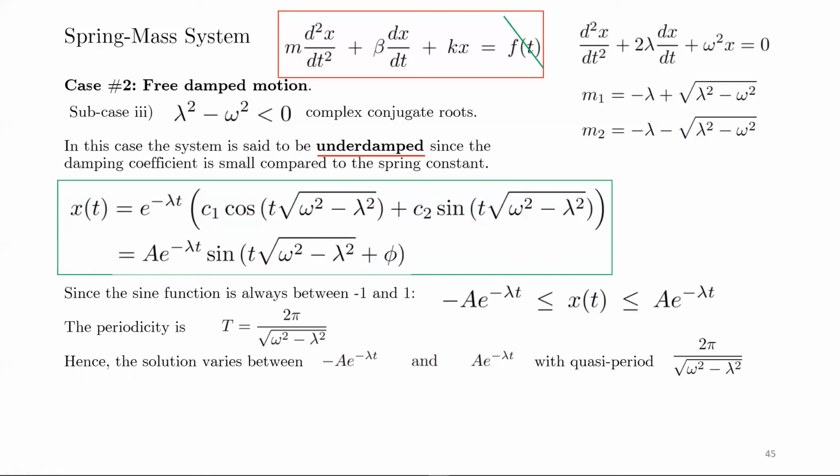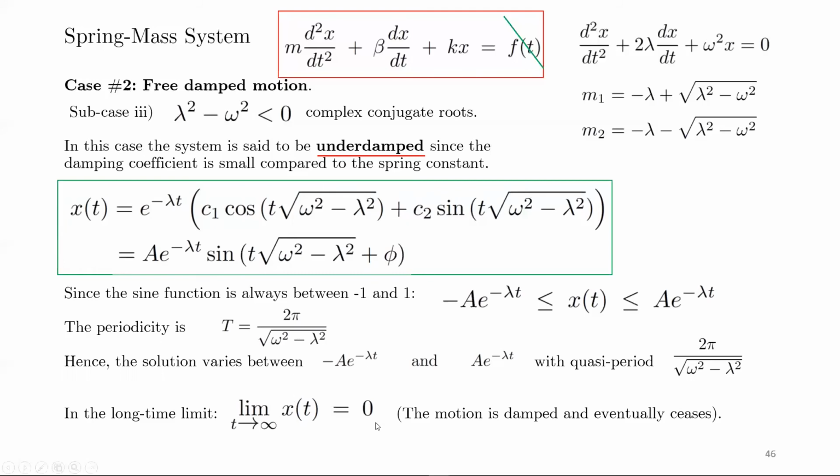If you look in the long time limit, well, the limit of this motion is going to be going to 0 because the sine just oscillates between positive and -1. The exponential, as t goes to infinity, goes to 0, of course. So the motion is damped and eventually ceases here. And in this case, in fact, we're going to get oscillatory solutions, in fact damped oscillatory solutions, right?